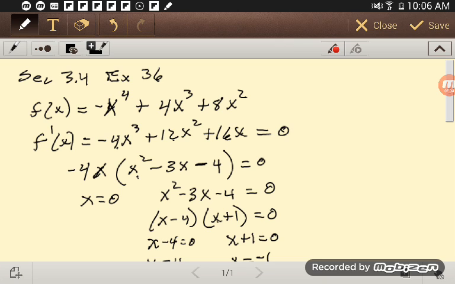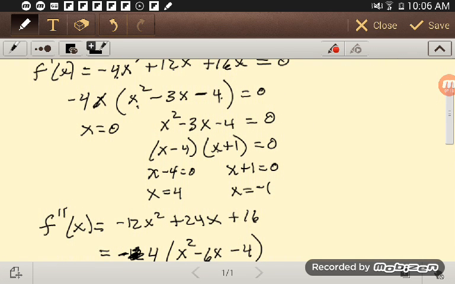That looks good, and that looks good. Okay. So I factored these, and I had x equals 0, and x minus 4, so that makes x equal 4, x plus 1, that makes x negative 1.